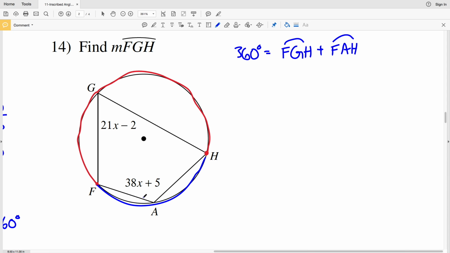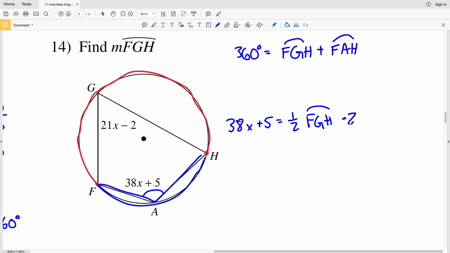Now I also have the inscribed angle FAH. The arc associated with that, the intercepted arc, is FGH. 38x plus 5 equals 1/2 of FGH.